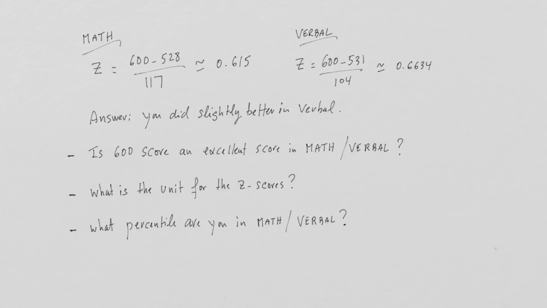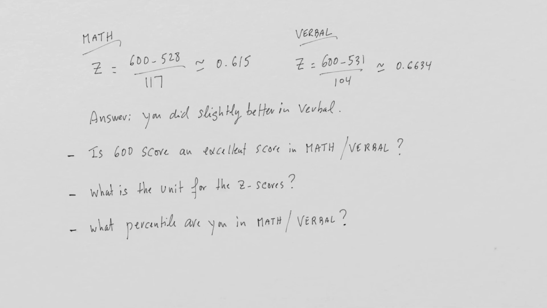Would you be looking for a higher z-score or a lower z-score? That's a question for you to ask, to answer. Clearly, you want a higher z-score in our case, right? Because the higher the z-score, the better the grade is, assuming it is positive. If it is negative, you want the z-score to be lower, right?